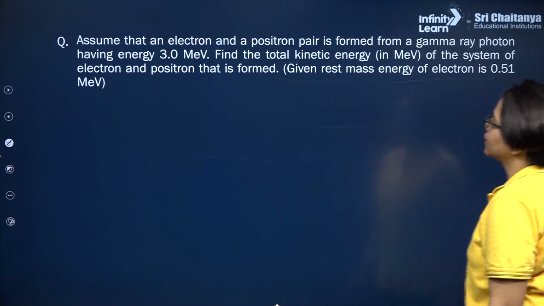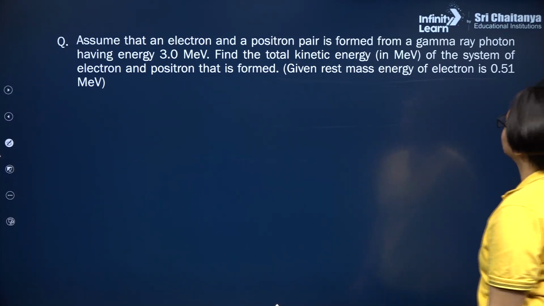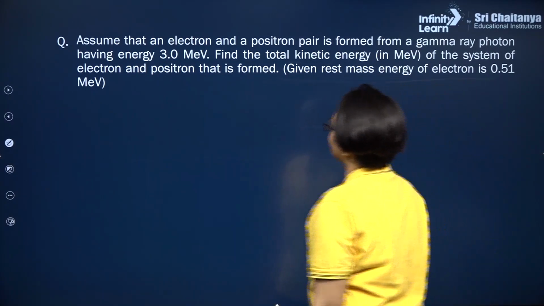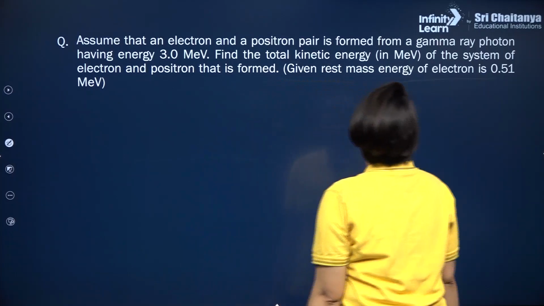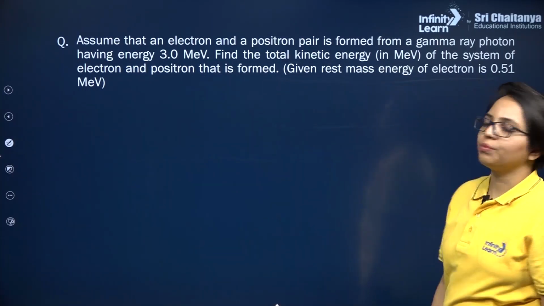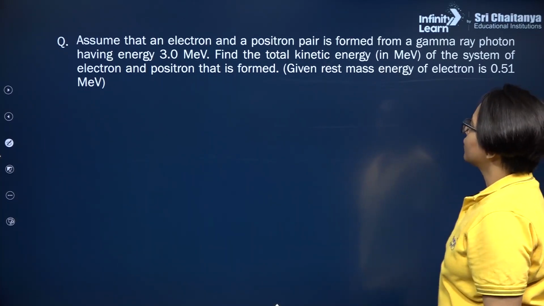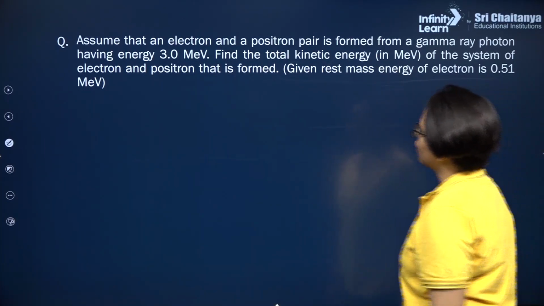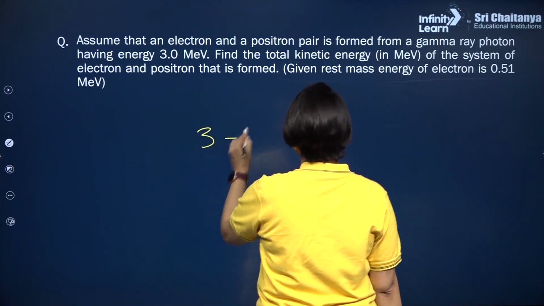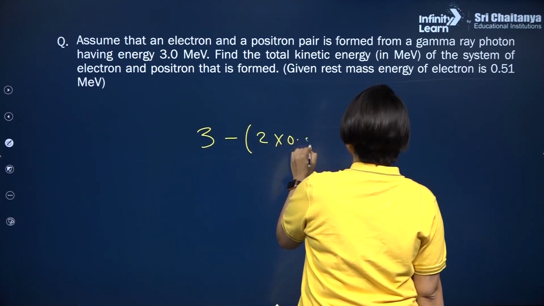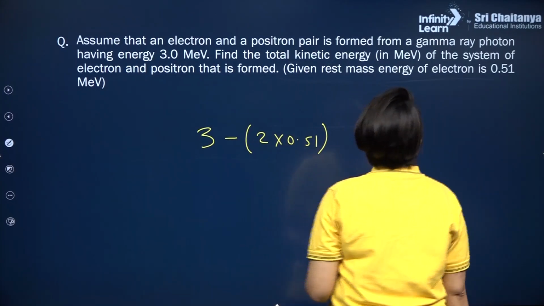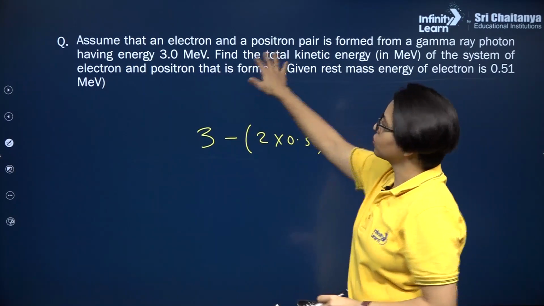Next is, assume that an electron and positron pair is formed from a gamma ray photon having energy this much. Find the total kinetic energy of the system of electron and positron that is formed, and the rest mass energy of the electron is 0.51 mega electron volt. So, out of 3 mega electron volt, 2 times 0.51 mega electron volt will be utilized in creating this electron and positron.